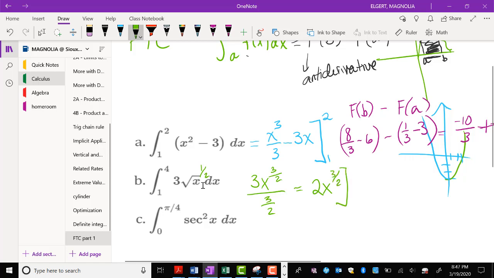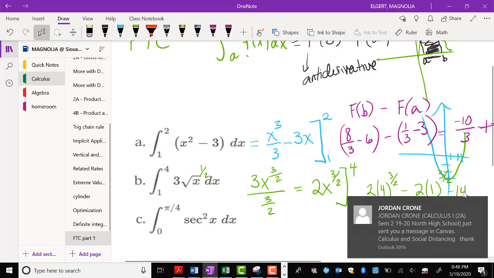And you're going to evaluate that from 1 to 4. So if you put in 4, square root of 4, so you have 2 times 4 to the 3 halves. That's your f of b, minus 2 times 1 to the 3 halves. Let's see, this one, the square root of 4 is 2. 2 cubed is 8 times 2 is 16, minus, well, that's just going to be 2. So I get 14.